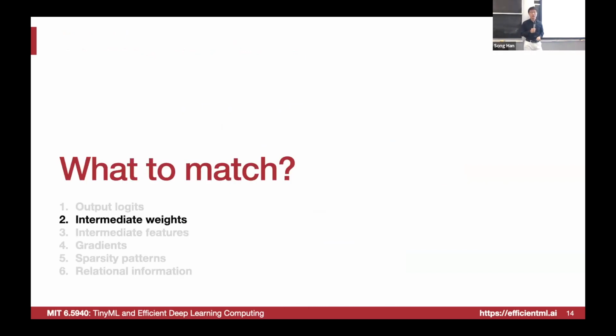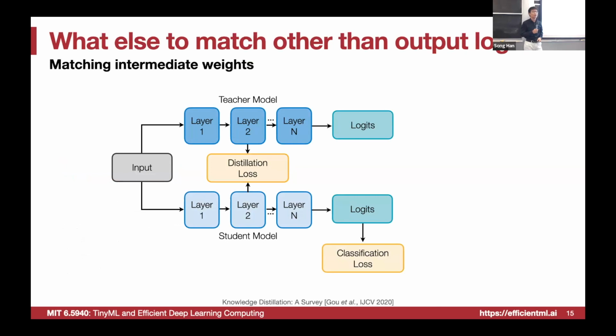We can also try to match those intermediate weights, teacher's weight, student's weight. And we can try to make sure they are the same. But what is the catch here? Can we directly calculate the L2 norm, L2 distance between the teacher's weight and the student's weight?